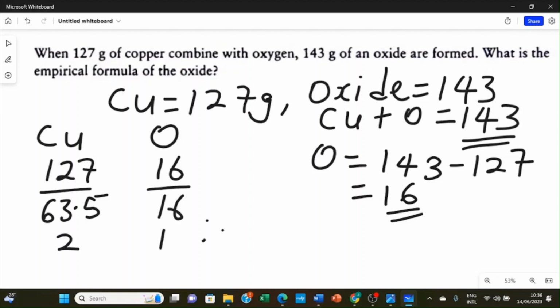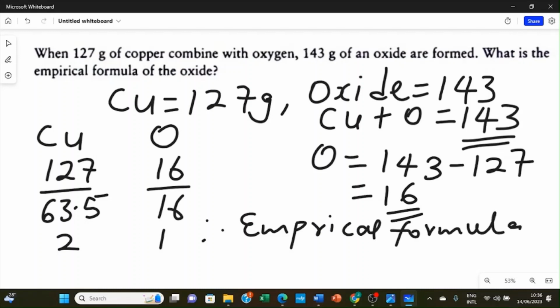Therefore, as simple as ABC, the empirical formula of the oxide will be equal to what? Cu2O, which is 2:1. So 2 atoms of copper and 1 atom of what? Oxygen.